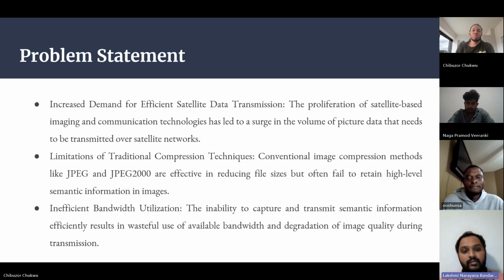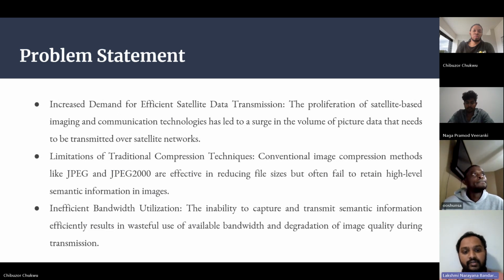Next, limitations of traditional compression techniques: conventional image compression methods like JPEG and JPEG 2000 are effective in reducing file size but often fail to retain high-level semantic information in images.